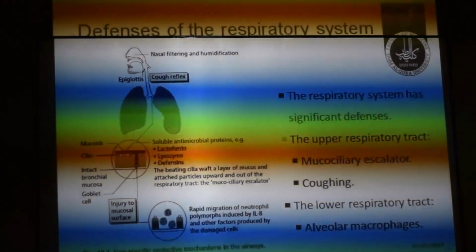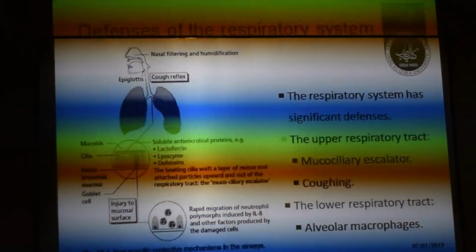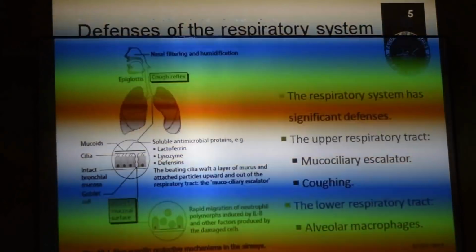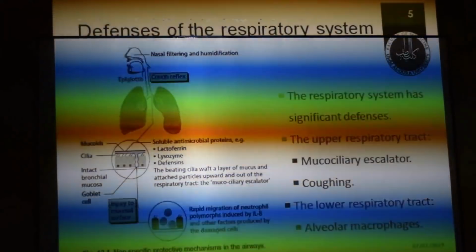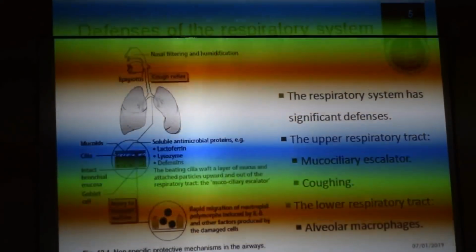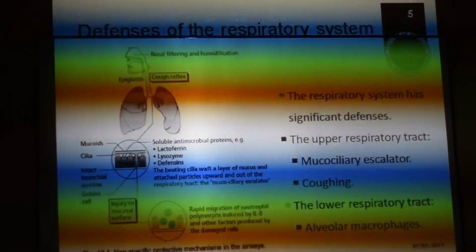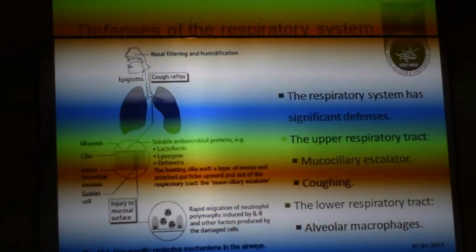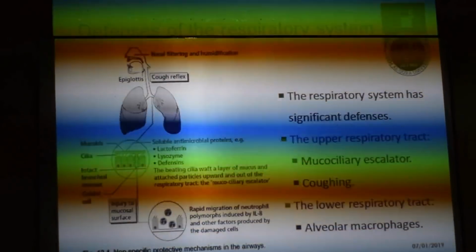In between the epithelium, there are cells that produce certain enzymes. Those are the chemical barriers. Lactoferrin will be produced, and certain other enzymes, so they have an antimicrobial effect. The epithelium is the physical barrier. Mucus production traps the pathogen. And finally the macrophages at the alveoli are the non-specific defense mechanism.